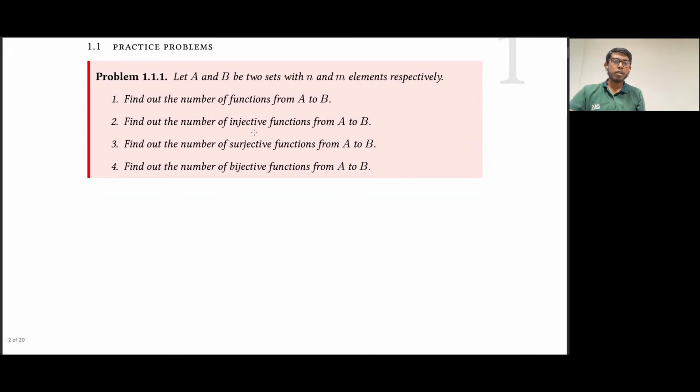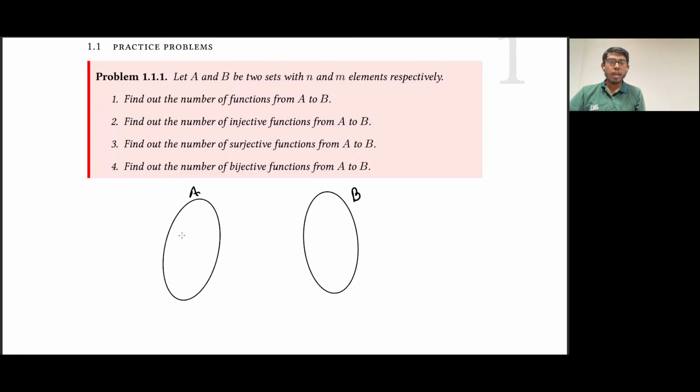So you have two sets A and B. This is my set A, and this is my set B. This has n elements, and this has m elements.